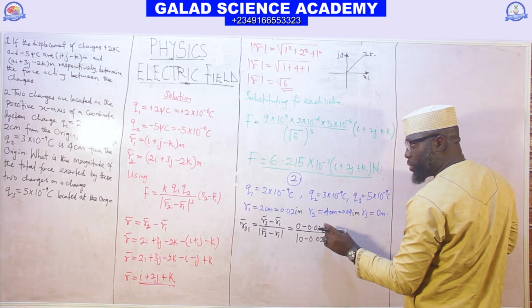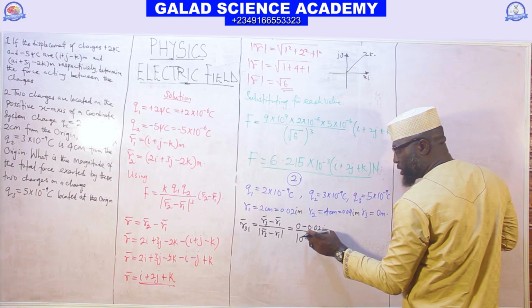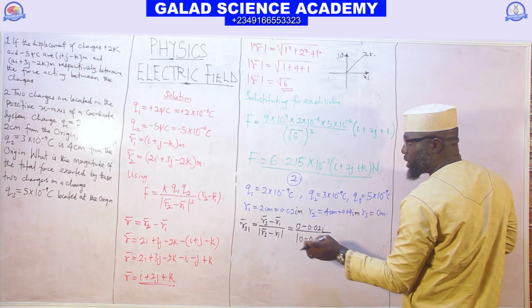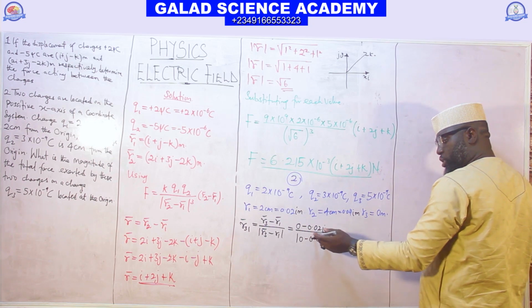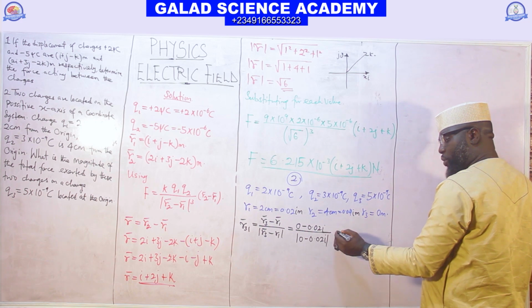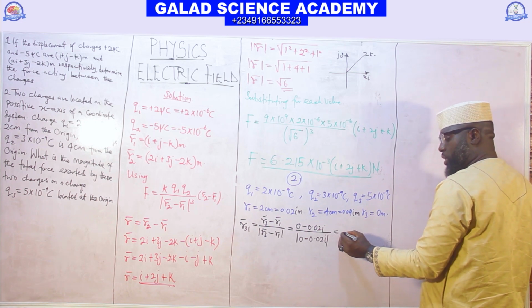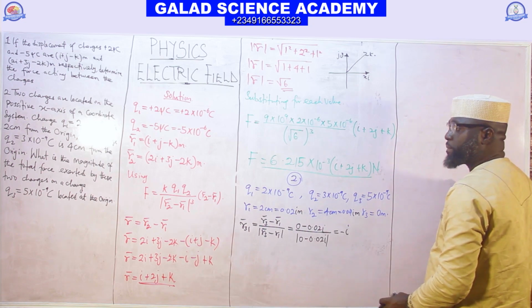So this will give you this minus this. Then square this, then find the square root. By doing that, the terms cancel each other, and we end up with minus i, by factorizing this.